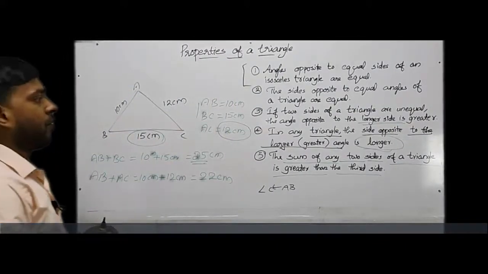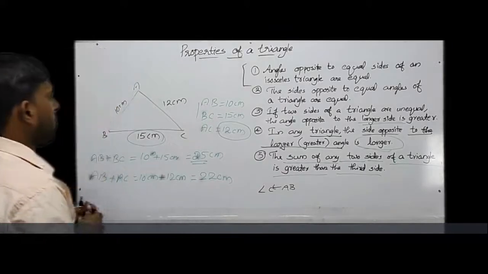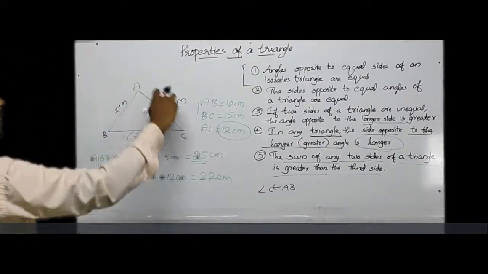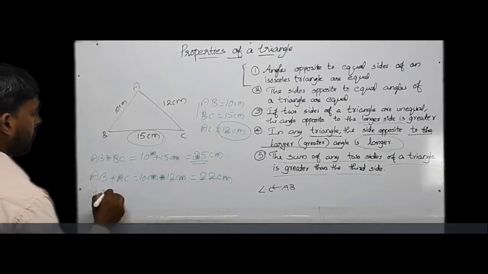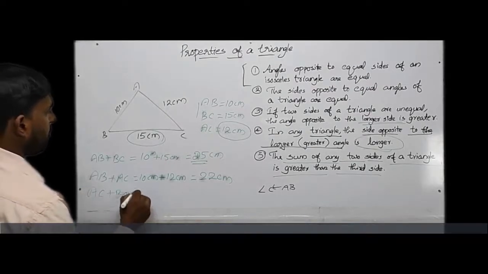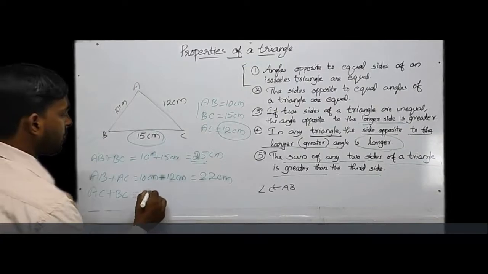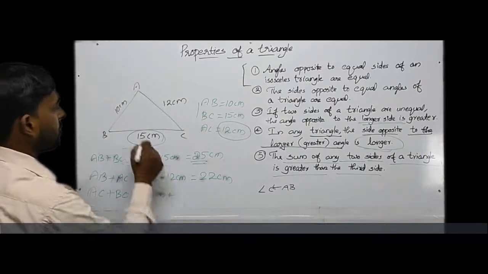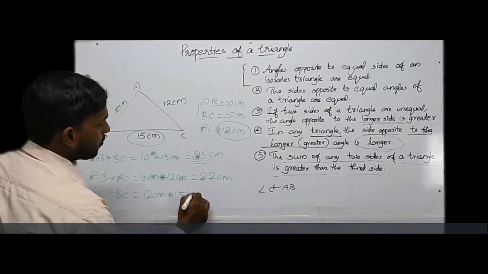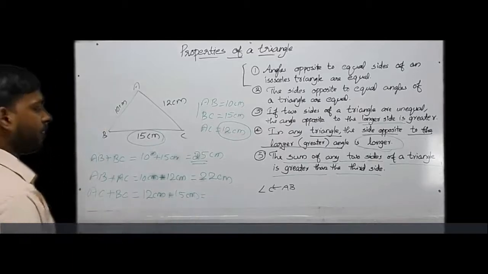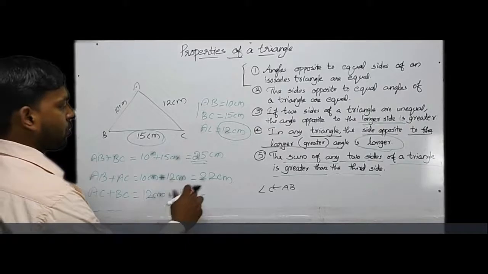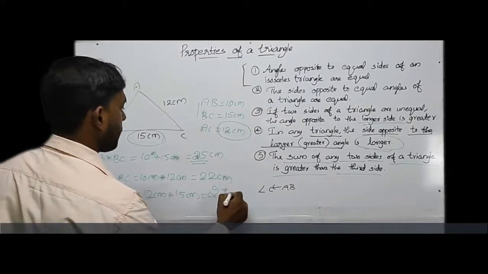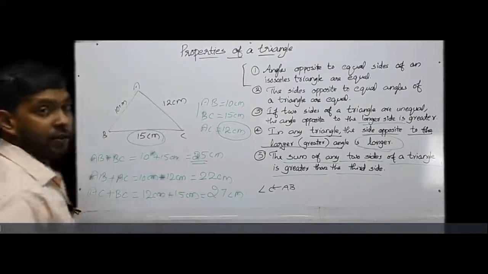Got it right? Let's see one more, let's take side AC and side BC. AC is equal to 12 centimeter and BC is equal to 15 centimeter. When we add it, we get 27 centimeter.